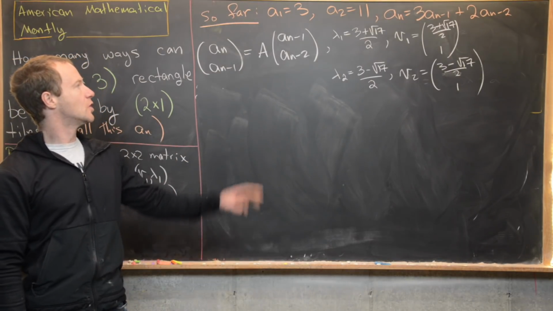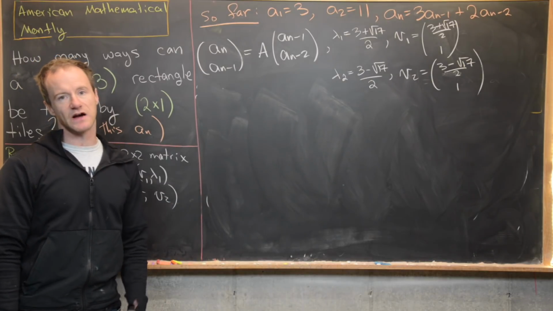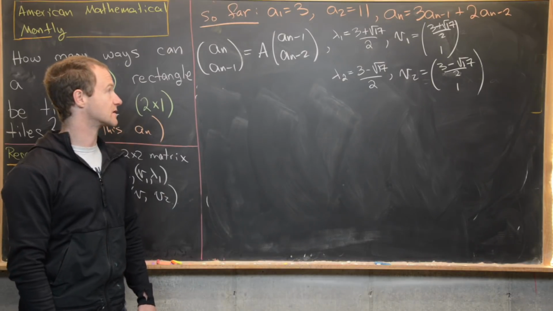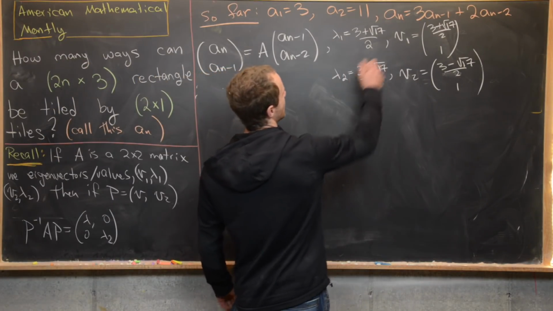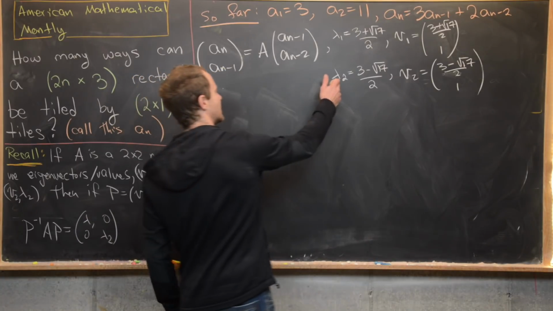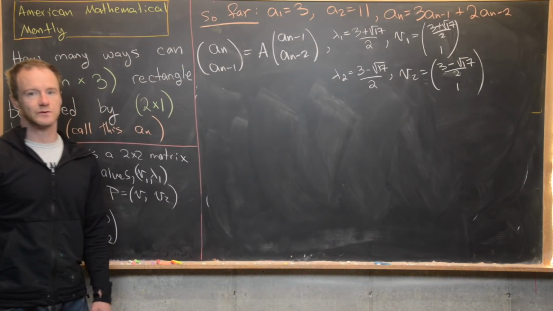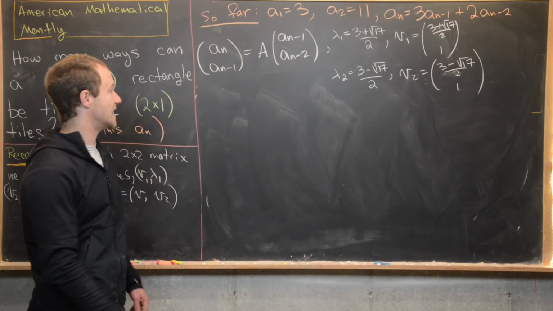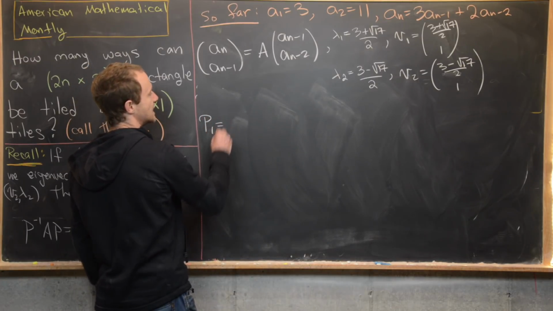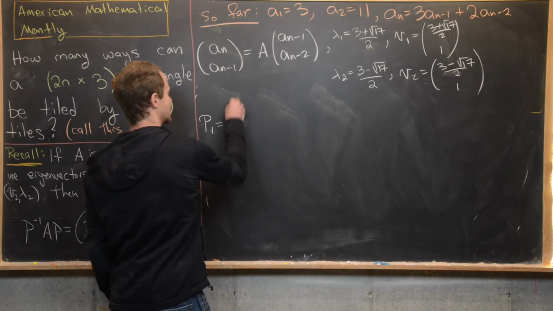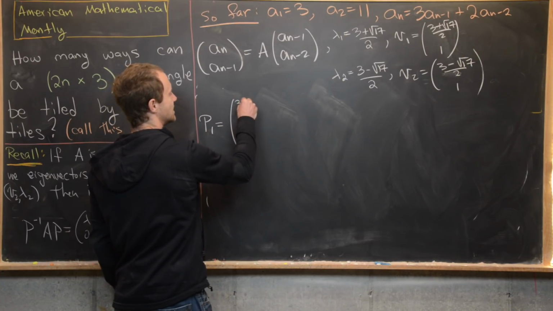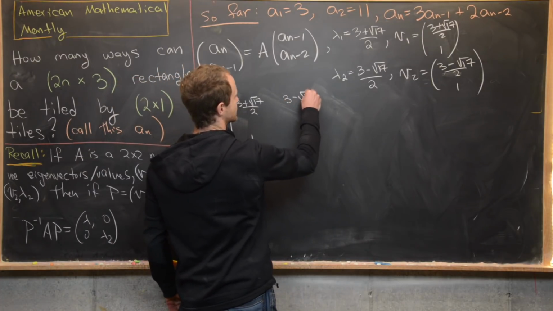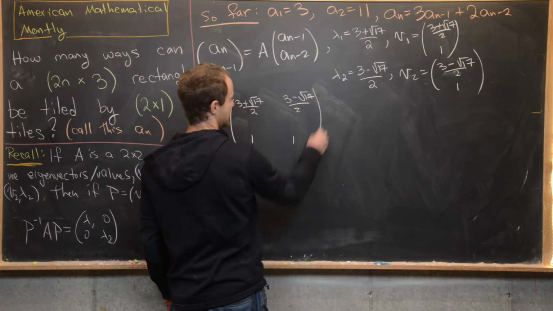On the last board, we determined the eigenvectors and eigenvalues of the matrix. So we calculated one by hand, and then you can calculate the other one pretty similarly. So we've got this eigenvalue lambda 1 with vector v1, and eigenvalue lambda 2 with vector v2. Now we're ready to use this diagonalization procedure to simplify our matrix A. So if we set P equal to the matrix formed by these eigenvectors, this is going to be (3 plus root 17) over 2, 1, and then (3 minus root 17) over 2, 1.